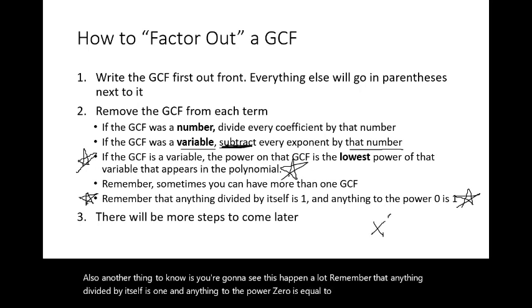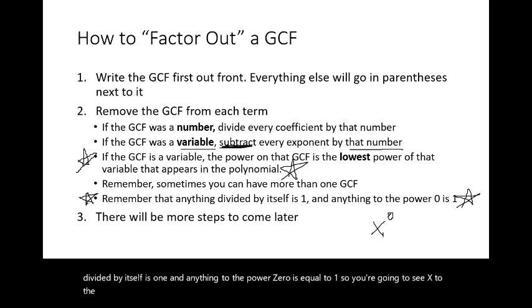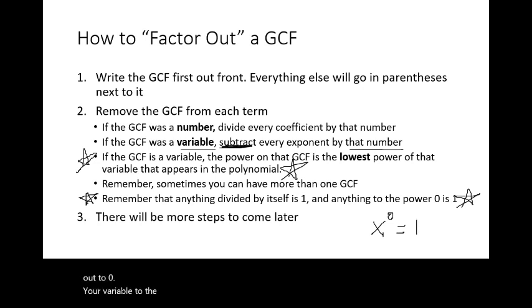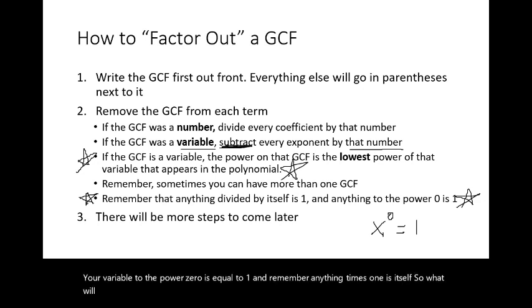So you're going to see x to the power 0 come up all the time. When your exponents effectively cancel out and subtract out to 0, your variable to the power 0 is equal to 1. And remember, anything times 1 is itself. So what will eventually happen is your x to the power 0s are going to cancel out, because they're just going to become 1, and then anything times 1 is itself.